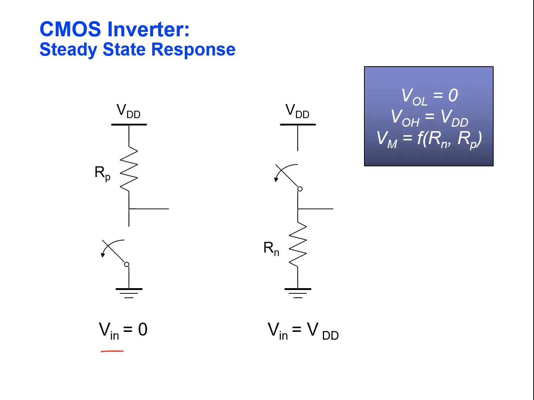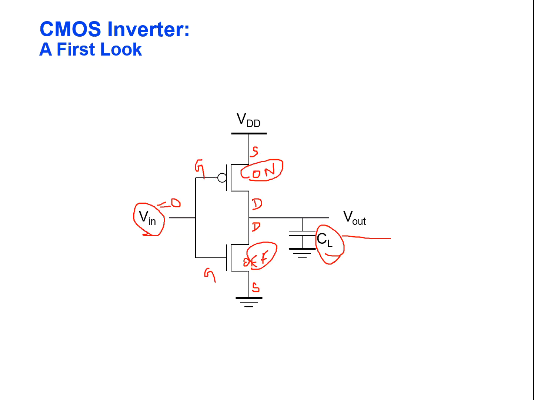When your Vin is 0, PMOS is in on condition and hence there exists an internal resistance Rp, as your NMOS is in open condition. So the switch is opened here. Here we are taking our output Vout. For the condition Vin equal to VDD, instead of 0 volt, now I am giving VDD voltage.